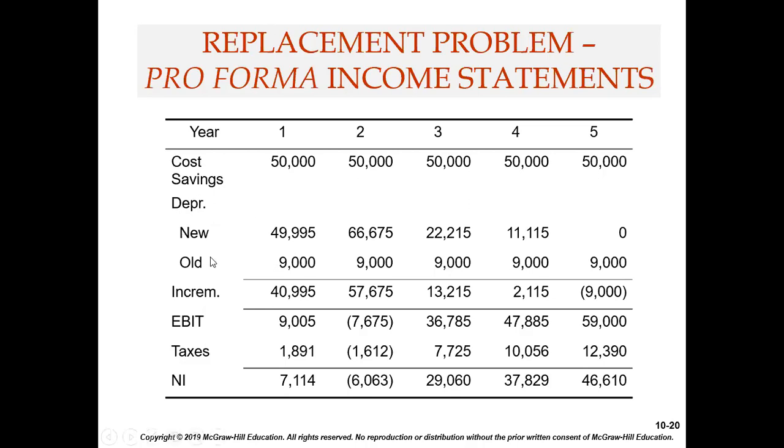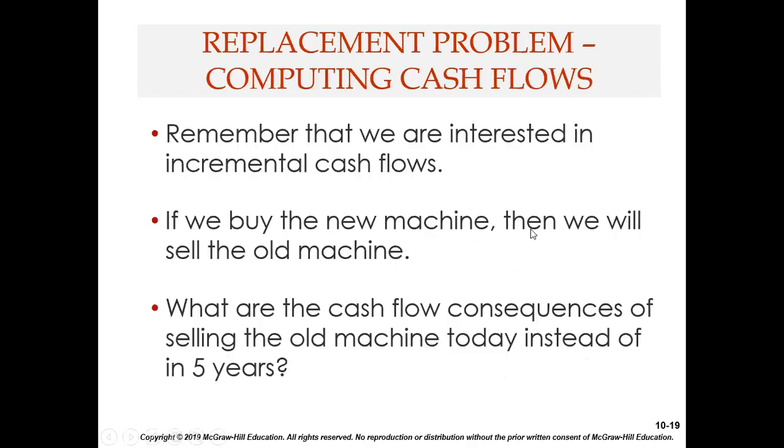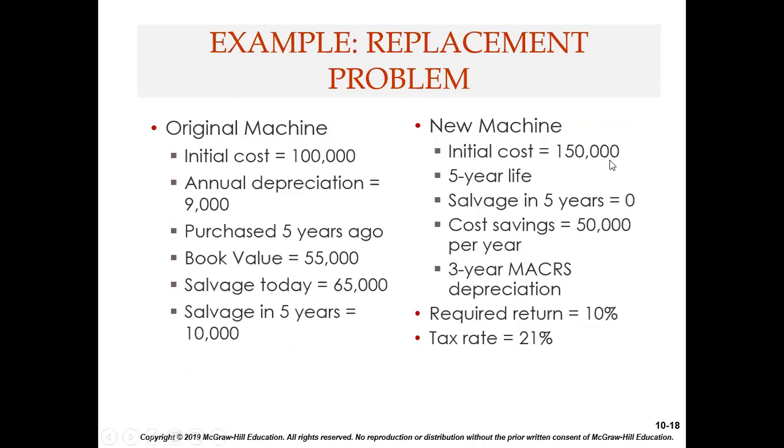Well, the old machine would only allow us to have $9,000 in depreciation expense each year. We would lose that. What would we have in its place? Depreciation on our MACRS table. So let's go back and see. Whoops. Our new machine cost $150,000.